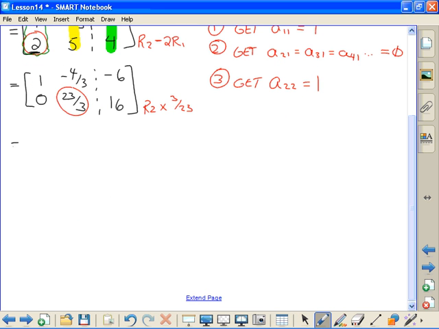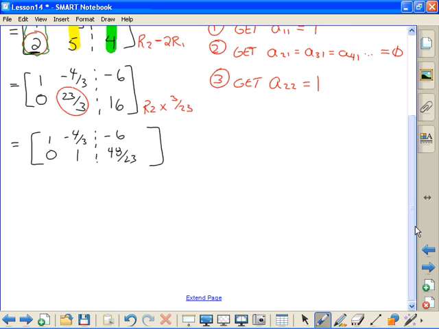And we end up with 1, negative 4/3, negative 6, 0, because 3/23 times 0 is 0. That becomes a 1. And 16 times 3 over 23, what's that, 48 over 23? 48 over 23. Okay, so there we go.